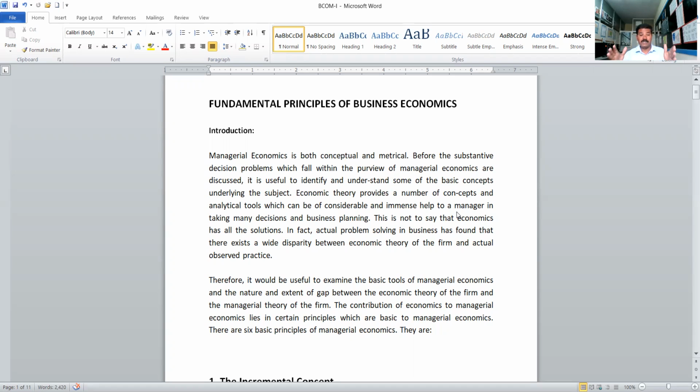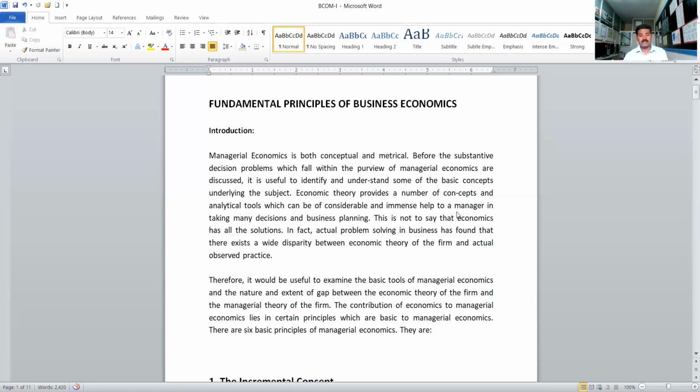Therefore, it would be useful to examine the basic tools of managerial economics and the nature and extent of the gap between the economic theory of the firm and the managerial theory of the firm. The contribution of economics to managerial economics lies in certain principles which are basic to managerial economics.